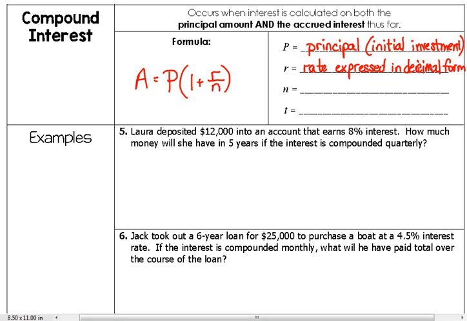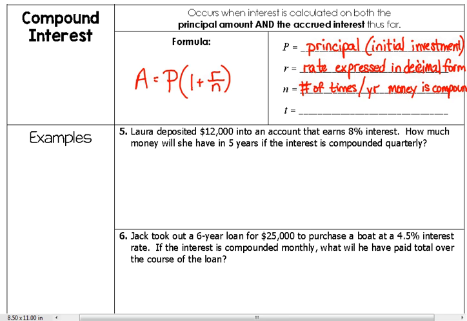We convert it to decimal form from percent form. N is the number of times per year the money is compounded. So it'll say something about interest compounded quarterly.